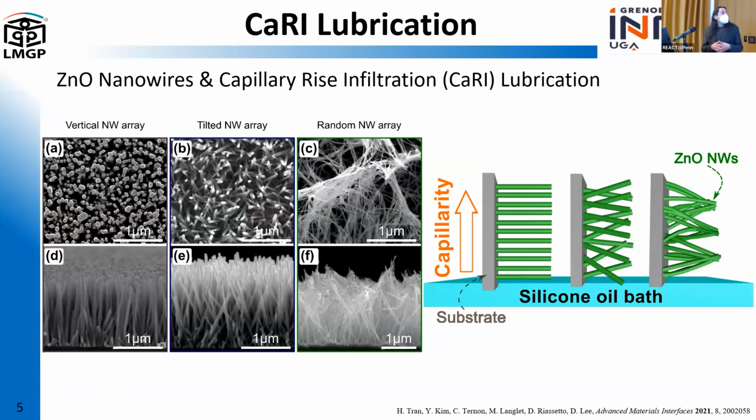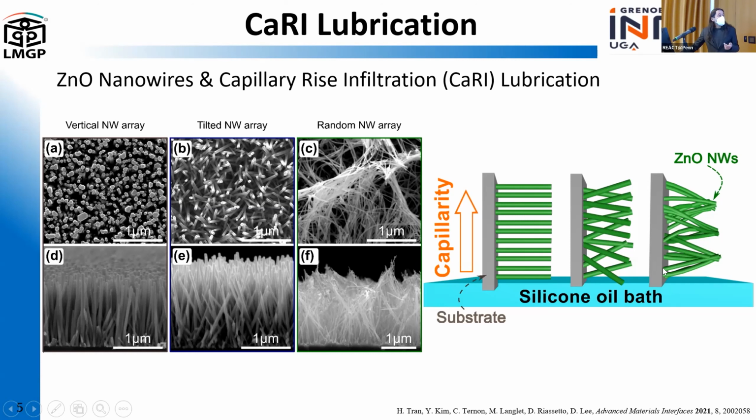So our approach was to make different kinds of porous materials based on zinc oxide nanowires. We know how to make vertical nanowires, tilted nanowires, or very strongly entangled nanowires, which we call random nanowires.